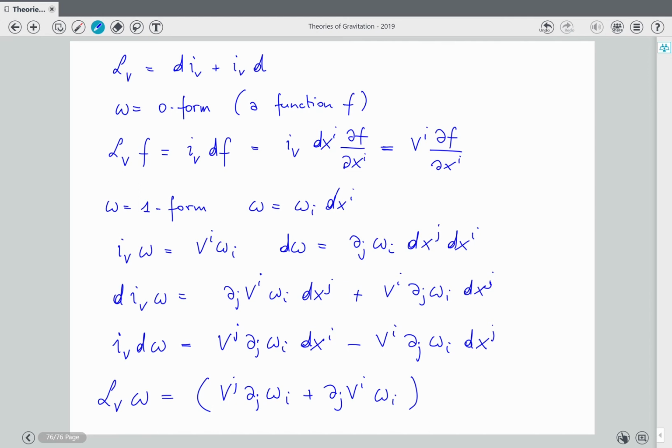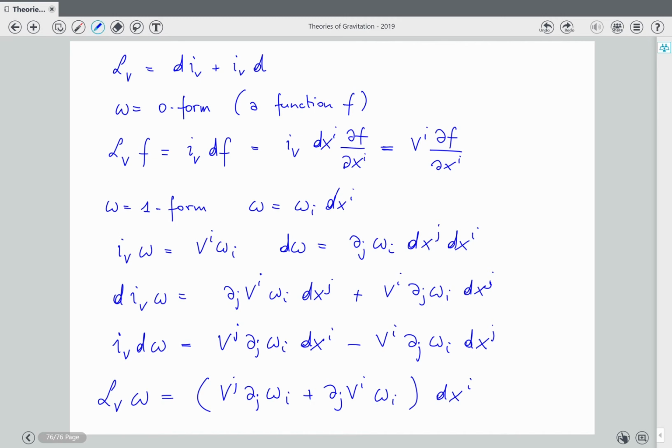I is the index that's contracted, so this is xj. Yes, and indeed they match here. So if I want to collect, let's say, the xi, the second one is okay.